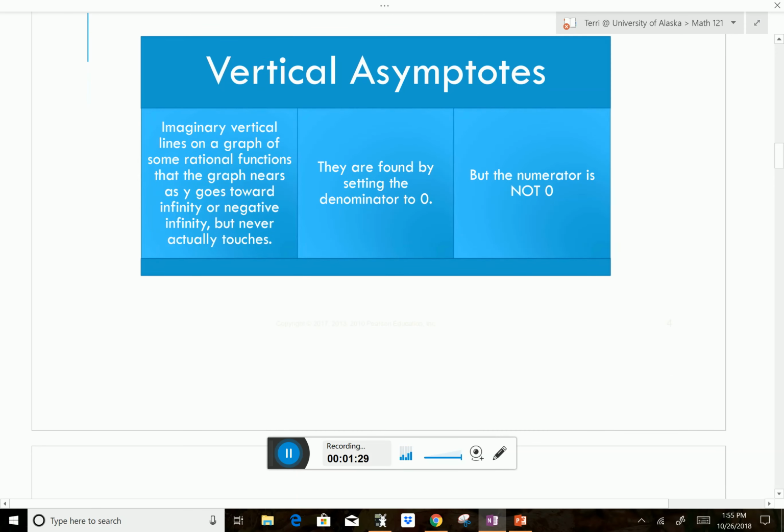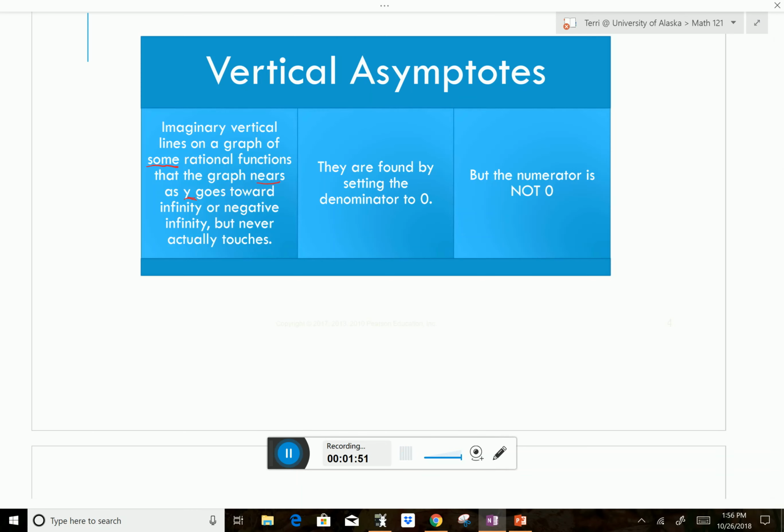A vertical asymptote is kind of an imaginary vertical line on a graph of some rational functions, not all. The graph nears the asymptote as y goes toward infinity or negative infinity, but it never really touches the vertical asymptote.